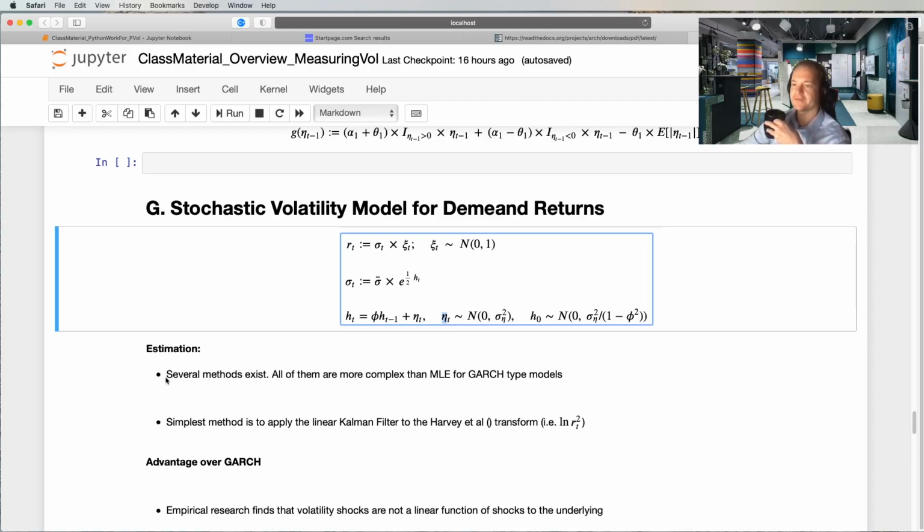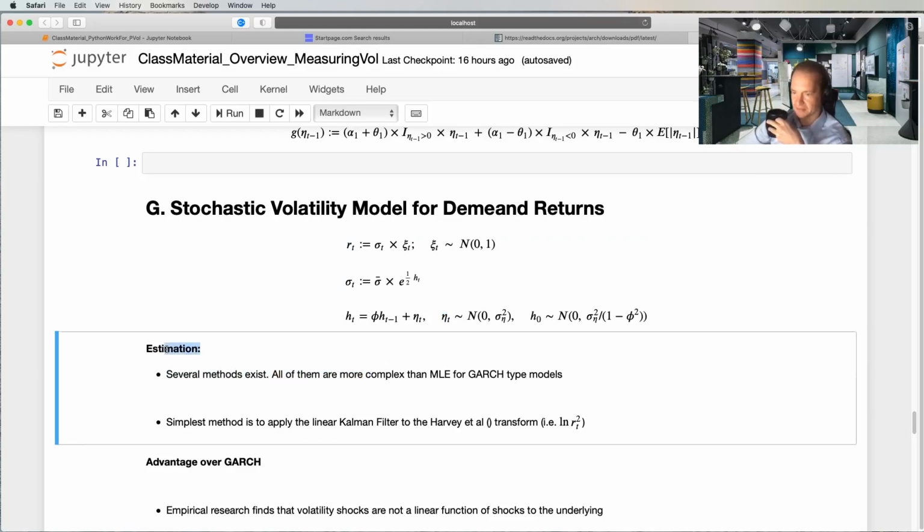So you didn't feel it's more complicated. But it is, right? Because there's a package, it involves maximum likelihood estimation. And now it gets even more complicated because there are several methods and all of them in order to estimate the process are more complex than the maximum likelihood of a GARCH.